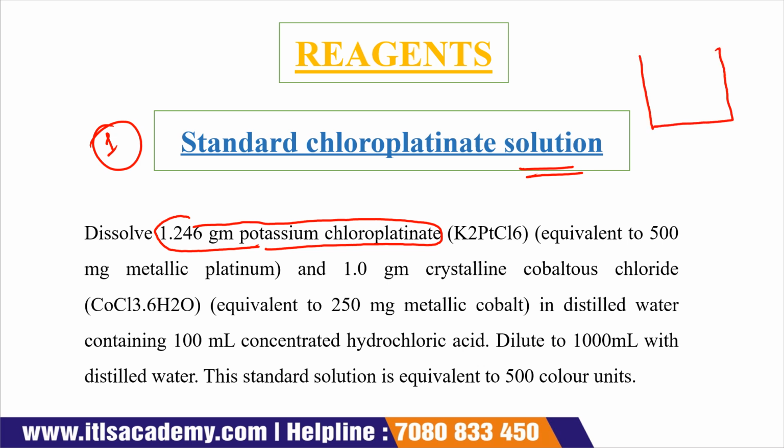Inside the beaker, first of all, we take 1.246 gram of potassium chloroplatinate, that is K2PtCl6, and this is equivalent to 500 gram of metallic platinum.